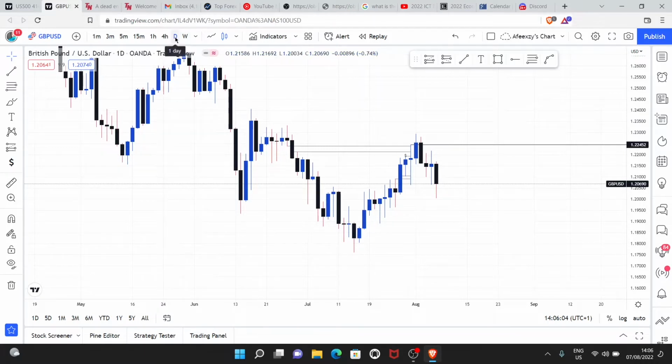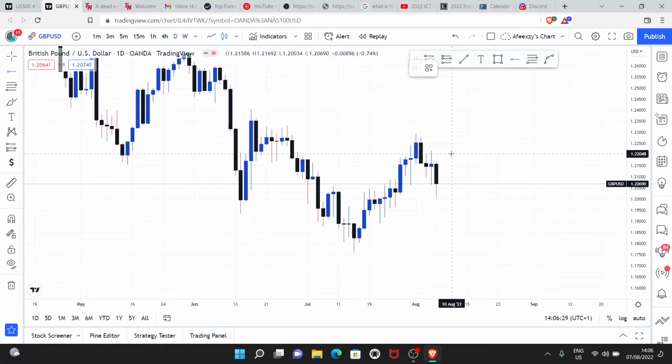Going down to my 4-hour time frame. Let me clear the chart. On GBPUSD last week, it delivered bearish as expected. So as you can see here on our GBPUSD, here is our high.